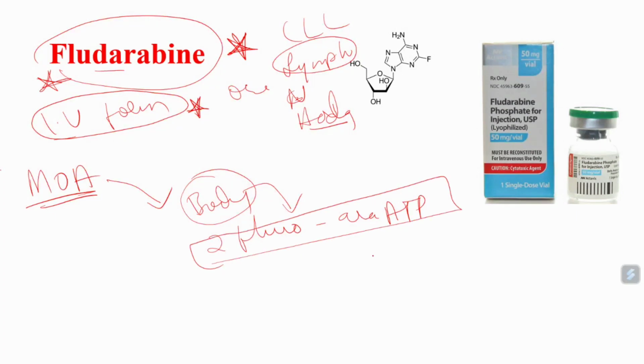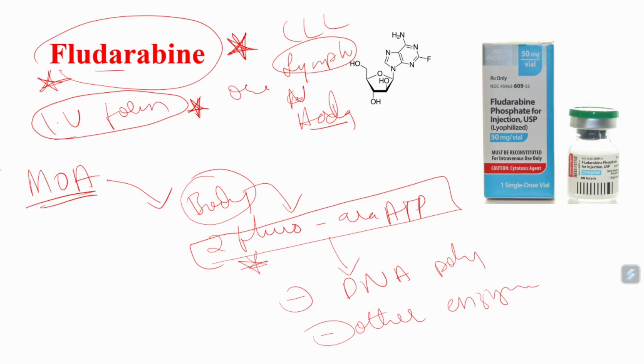And this phosphorylated compound has many actions. It will inhibit DNA polymerase, and we have so many enzymes in the replication of DNA. Other enzymes will also be inhibited by this 2-fluoro-ara-ATP molecule. This is very important. And with that, it will stop DNA replication.